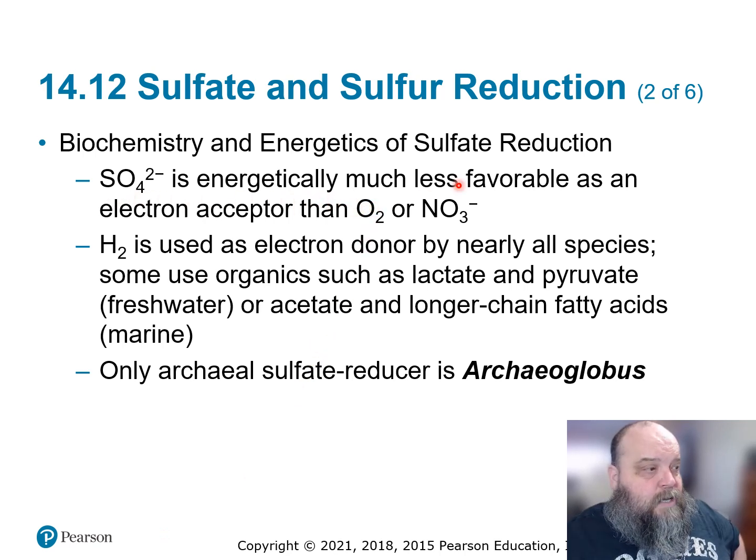The sulfate is energetically less favorable than O2 or NO3. So our energy yield here has the potential to be lower than what we would see with normal aerobic metabolism and less than what we've seen in the previous section with nitrogen metabolism. Hydrogen is going to be an electron donor here, because remember, hydrogen is nothing more than an electron with proton baggage.